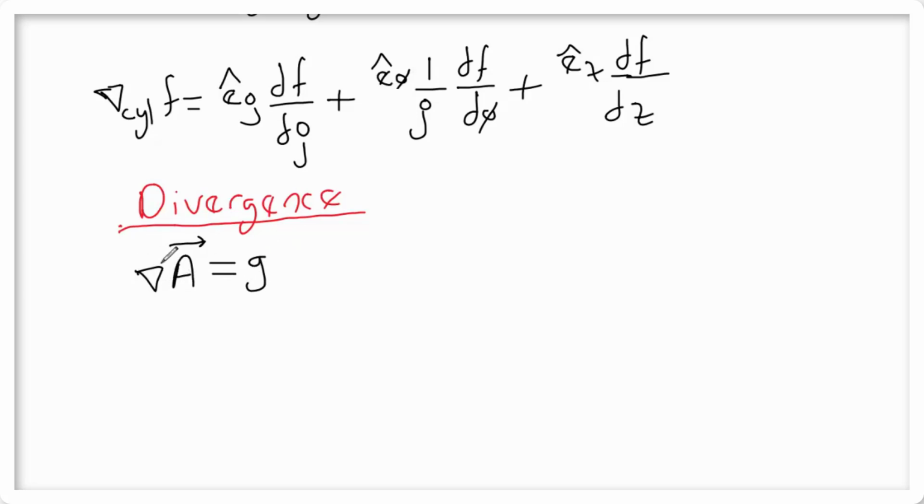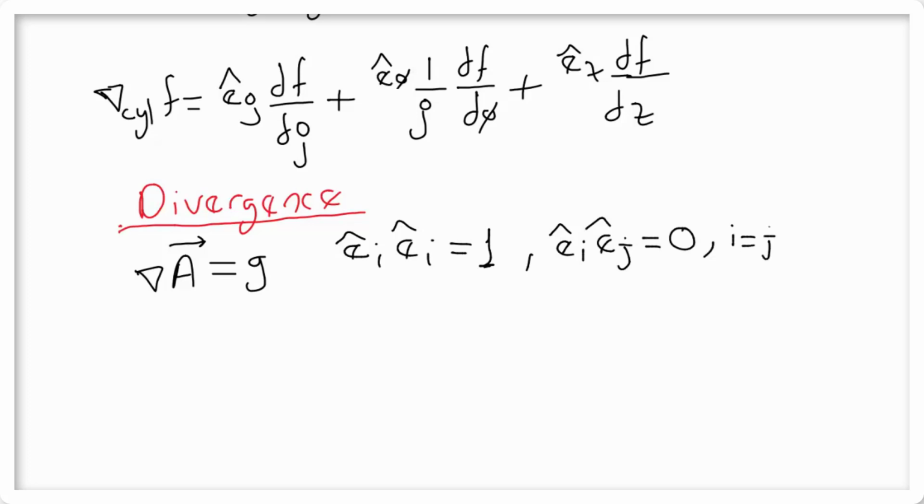What is the logic here? After all, this has direction vectors in it. What happens when we multiply it by the corresponding direction vector? You know, when e i times e i in scalar product, this is equal to 1, and e i times e j is zero, provided that i is not equal to j.